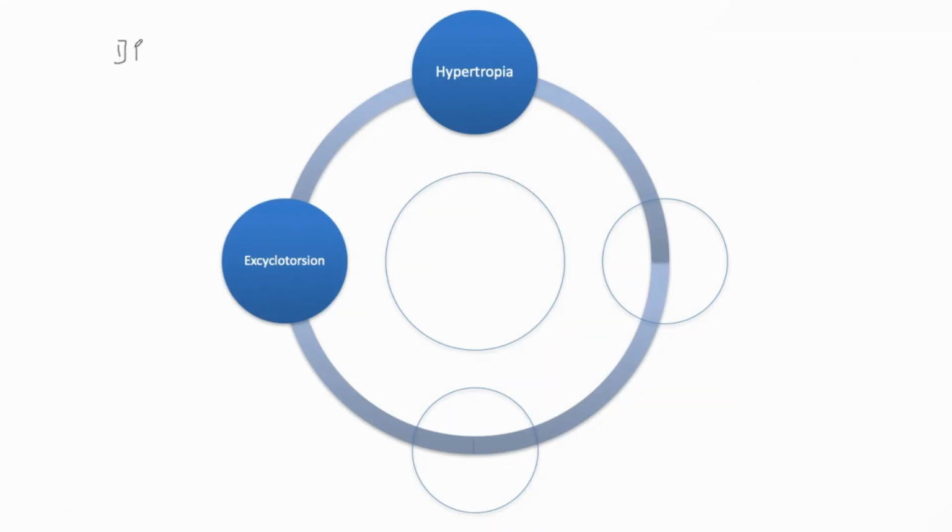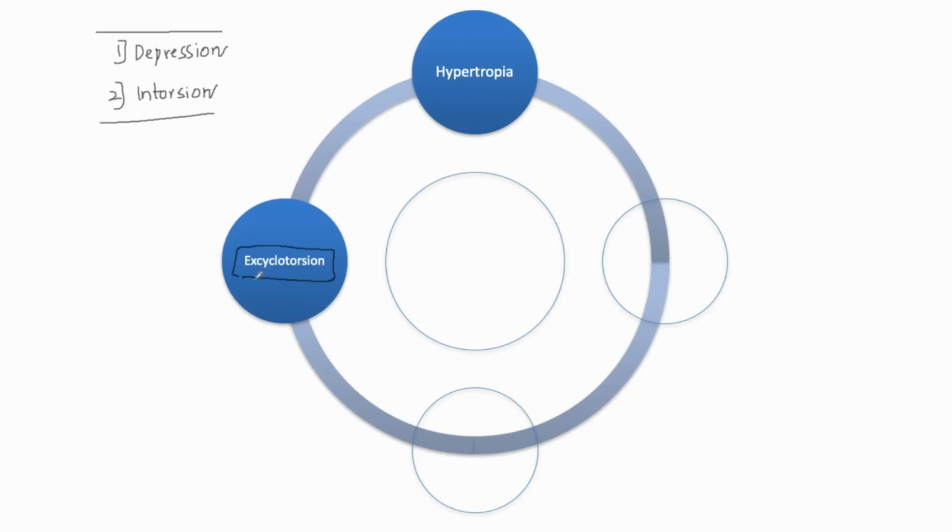One function is depression. And by now, with the discussion, you know what happens if depression fails. Another function is intorsion. Failure of intorsion leads to a condition called excyclotorsion. Usually, this excyclotorsion is seldom noticed in patients.